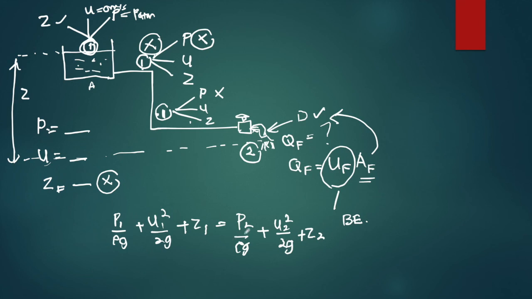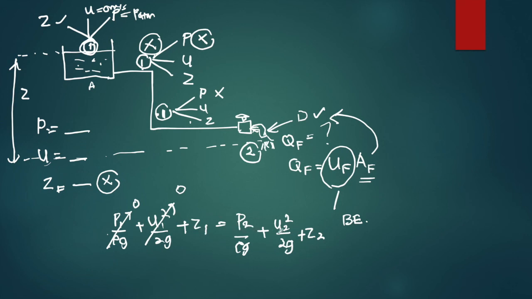You may cancel out whichever values are 0. Here we know that U1 is 0, and P1 is also 0, because it is P atm. Your Bernoulli's equation uses gauge pressure, so we can exclude the atmospheric pressure in your calculation. So we have this equation.